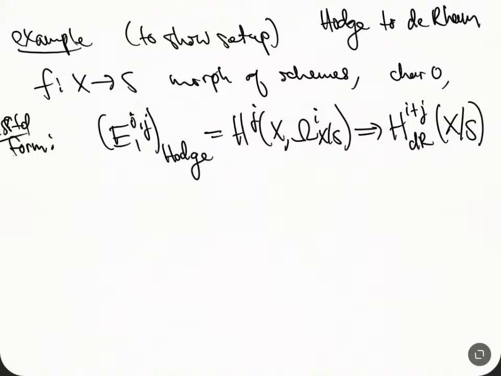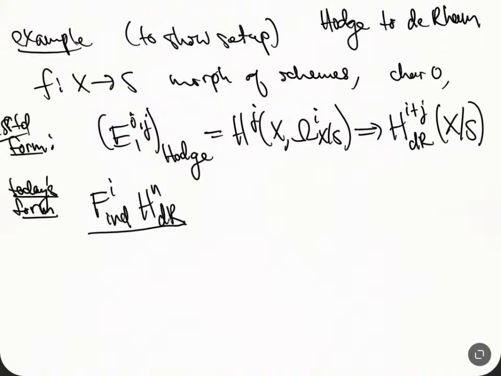And then there's today's version. What I said before is that this de Rham cohomology has a filtration on it, and what we can do is take the induced filtration on the nth de Rham cohomology, and then look at the associated graded piece.